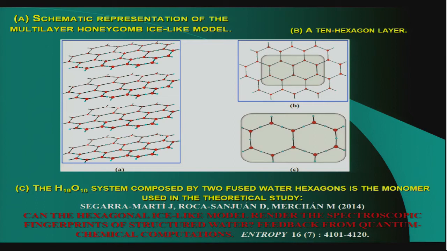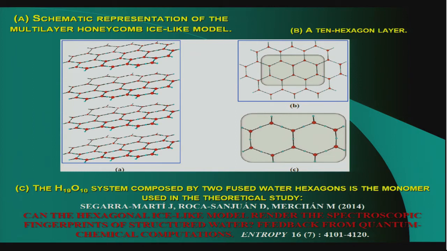But it is interesting what this Spanish theoretical group showed 2 years ago in the journal Entropy. The title of the paper is, "Can the hexagonal ice-like model render the spectroscopic fingerprints of structured water?